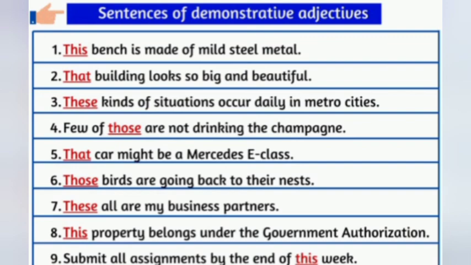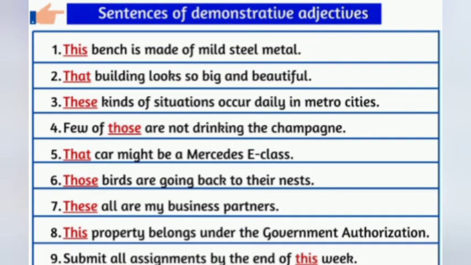With these examples, we can easily understand that mainly four words are there for the demonstrative adjective: this, that, these or those. But we must understand that these four words also matter because the noun is far or near.